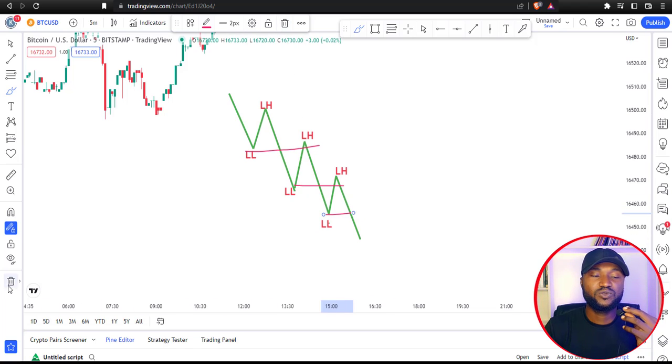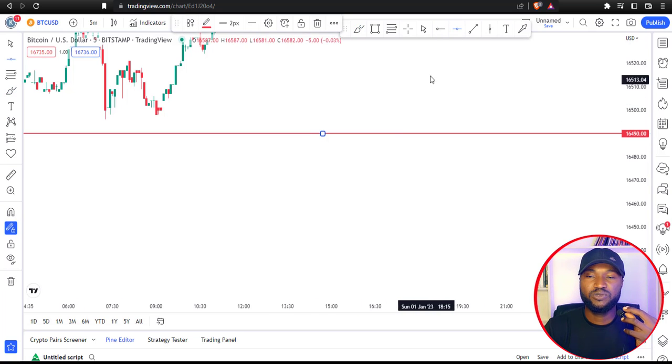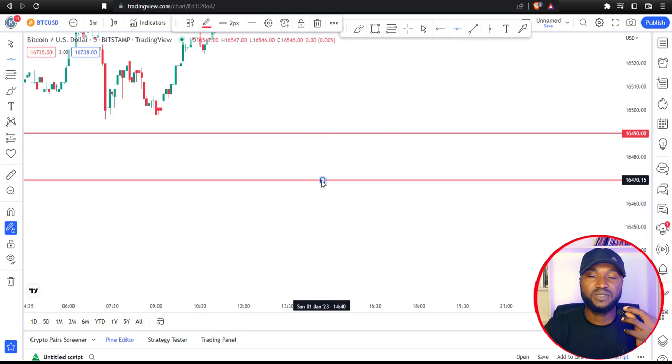Let's go to the last one, which is a consolidating market condition, and I will show you how that is also formed. We have this as a ranging market. Let's say we have two boundaries. Let me put these two horizontal lines right here, and then we have price reacting within this level.